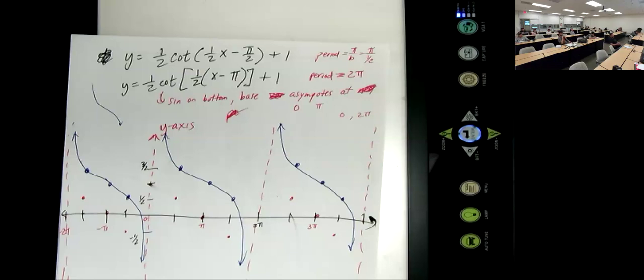S equals r theta. We did the area of a sector. Linear speed and angular speed, I think was in this section. And then we get these graphs. That's it, that will be what's on the test.